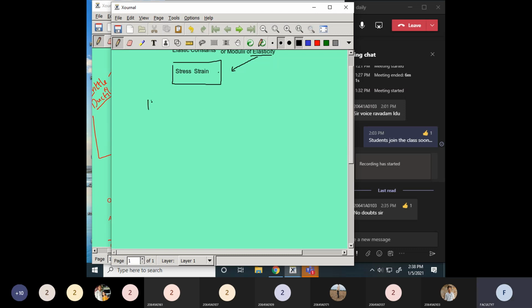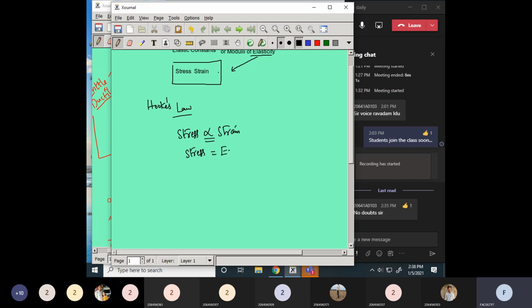Now what was Hooke's law? Hooke's law states that stress is proportional to strain. It is directly proportional to strain. Now if we remove the proportionality, you are going to get a constant.